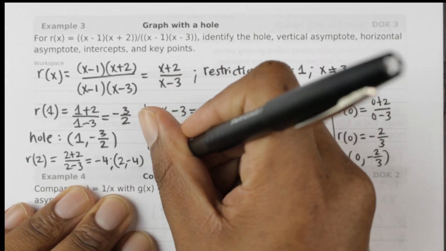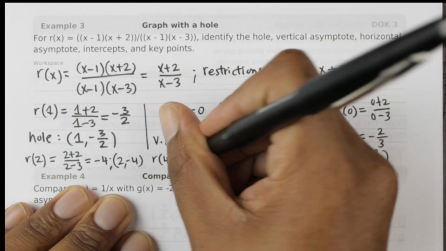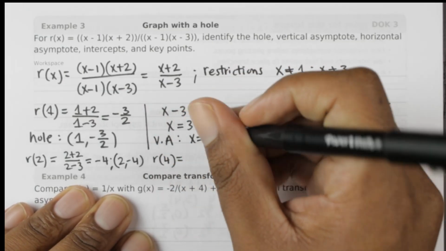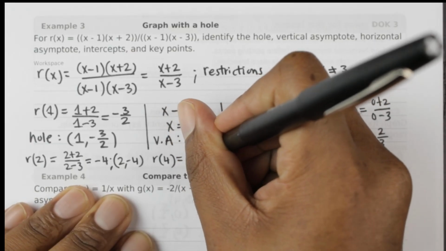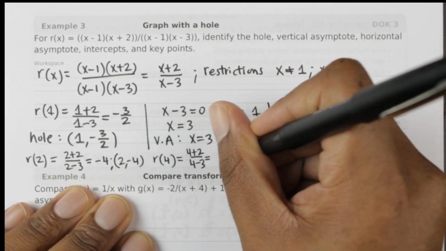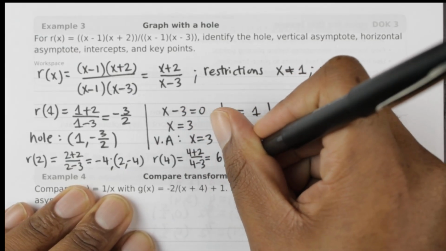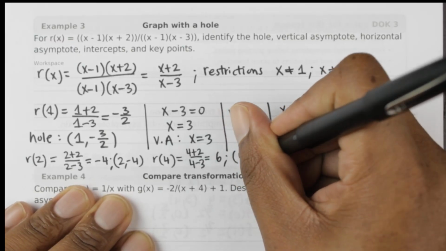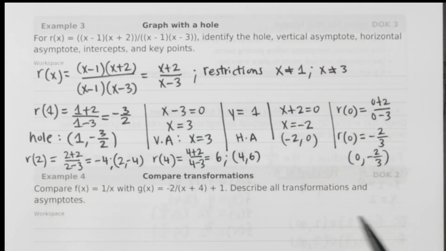Then for x equals 4, that's 4 minus 4, so that point is (4, 6). Now, when graphing, just remember to show the hole at (1, -3/2). Don't fill that point, right?